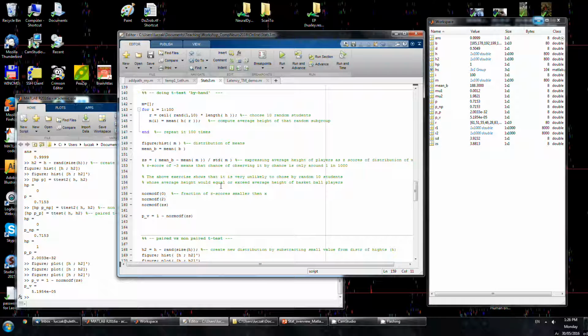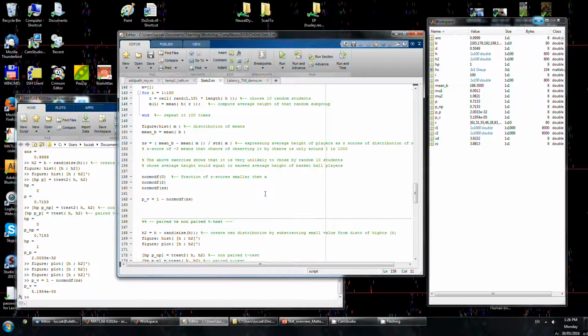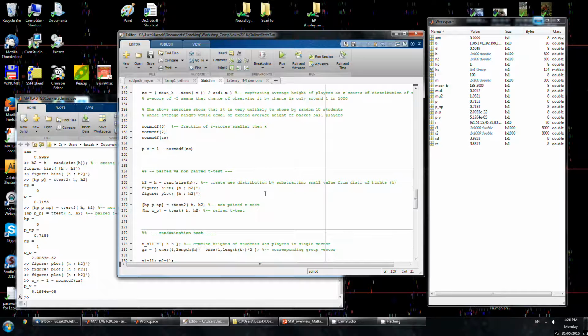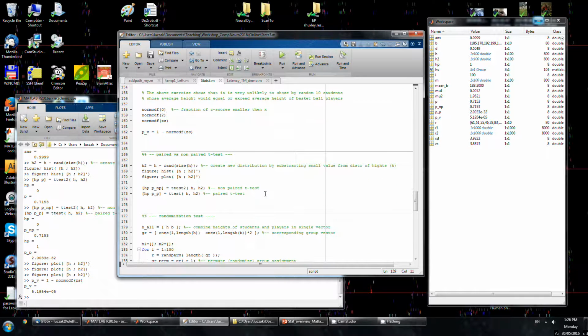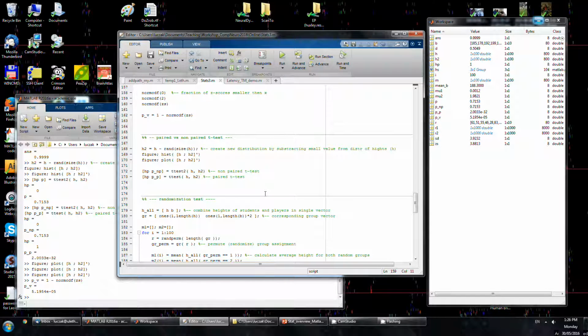It turns out that it was very unlikely by chance to take 10 people from the general population that the average height would be as high as the height of basketball players. Okay, so today we will continue this.